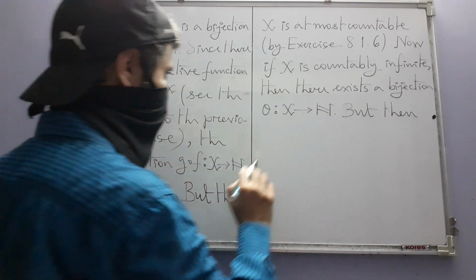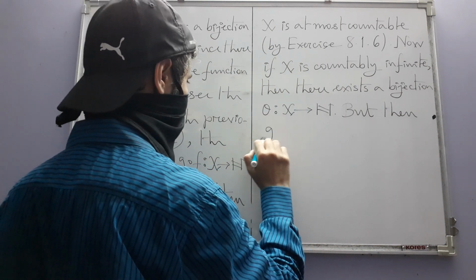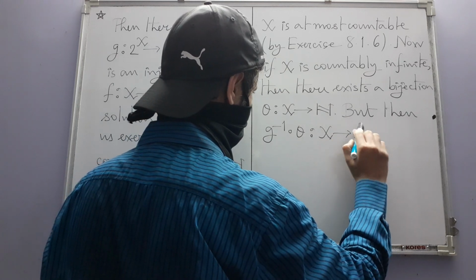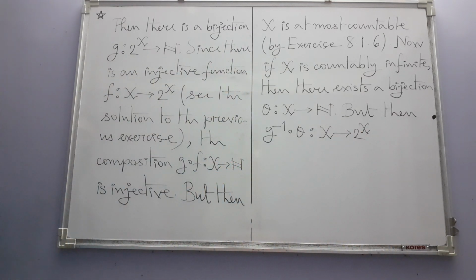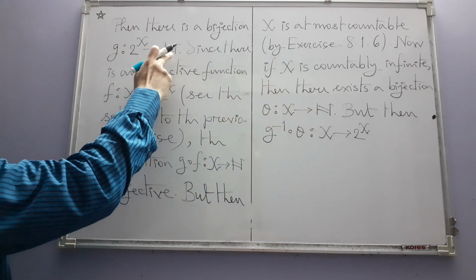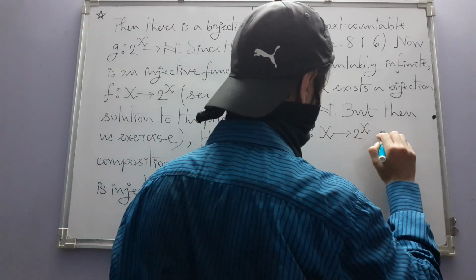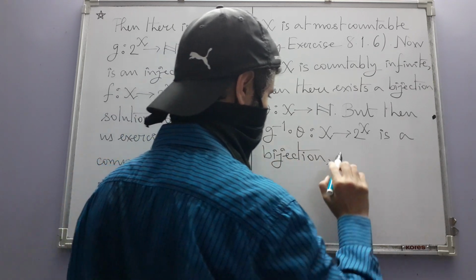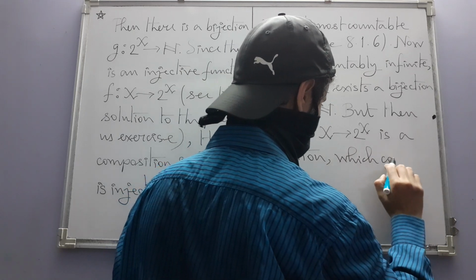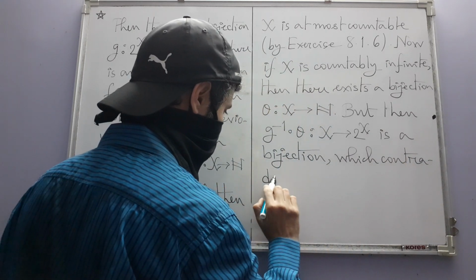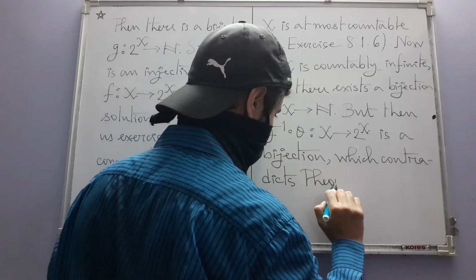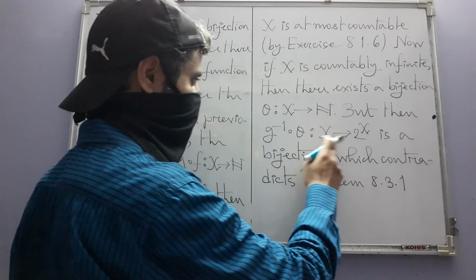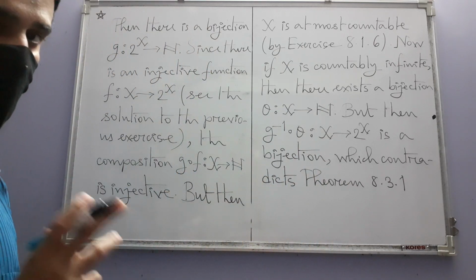But then G inverse composition theta is a function from x into its power set, because theta takes us from this to this, and then G inverse takes us from n to this, is a bijection which contradicts theorem 831, because here we have proved that there can be no bijection between a set and its power set, so that is the contradiction.